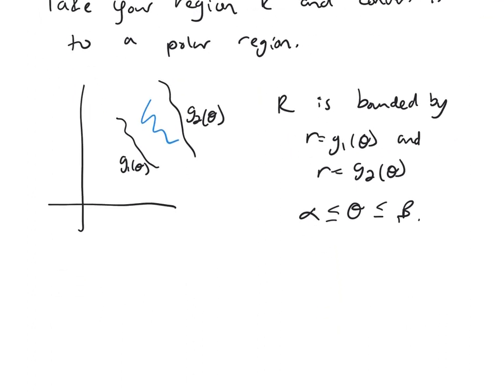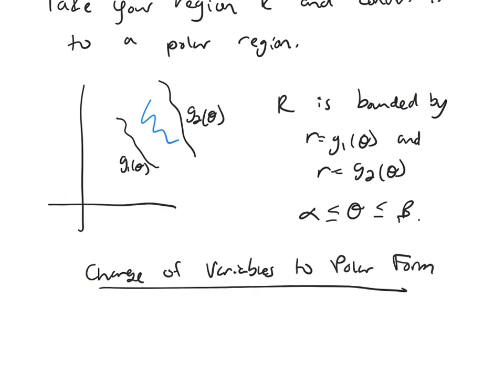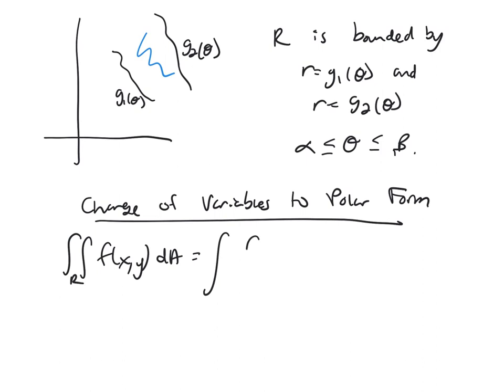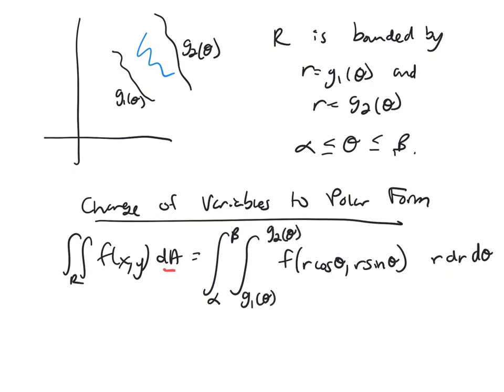So our formula for a change of variables to polar form: I'm going to convert my double integral over R. Now I'm going to replace x by r cosine theta, y by r sine theta, and then this dA becomes r dr d theta, and my bounds: theta goes from alpha to beta, and r is bounded between g1 of theta and g2 of theta.